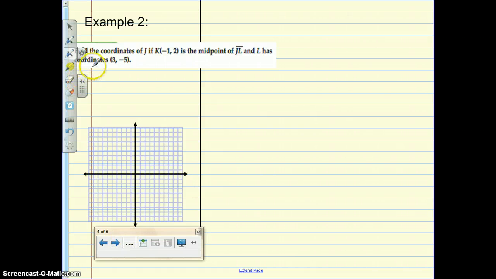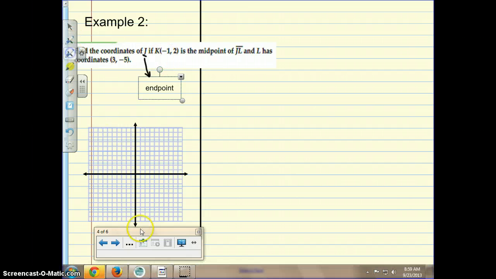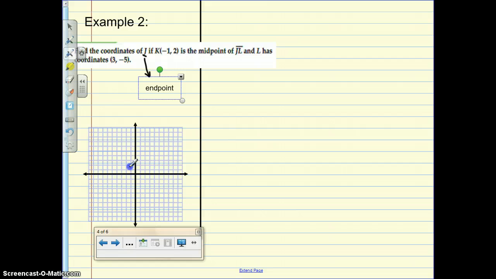So what about if we're asked to find the coordinates of J? So this is one of our endpoints. I'll just type that. If we know the other endpoint is at negative 1, 2, so right here, and the midpoint of JL has the coordinates 3, negative 5, 1, 2, 3, 4, 5.